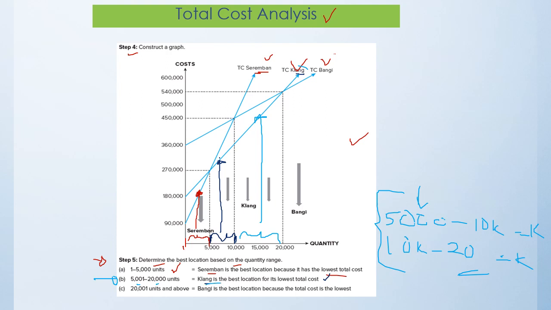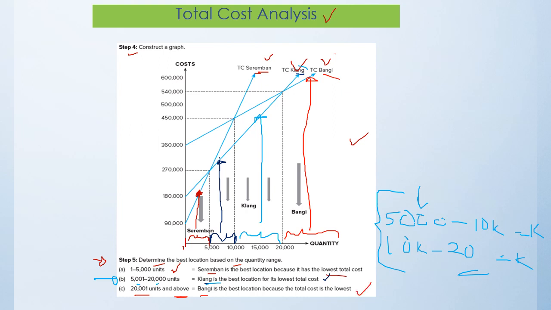If the company increases further, look at the red color now, from 20,000 and onwards, what will be the best location? Let's see which line we touch first. We touch Bangi now. So if the company increases the production of their products to 20,001 units and above, more than 20,000 units, then Bangi is now the best location.